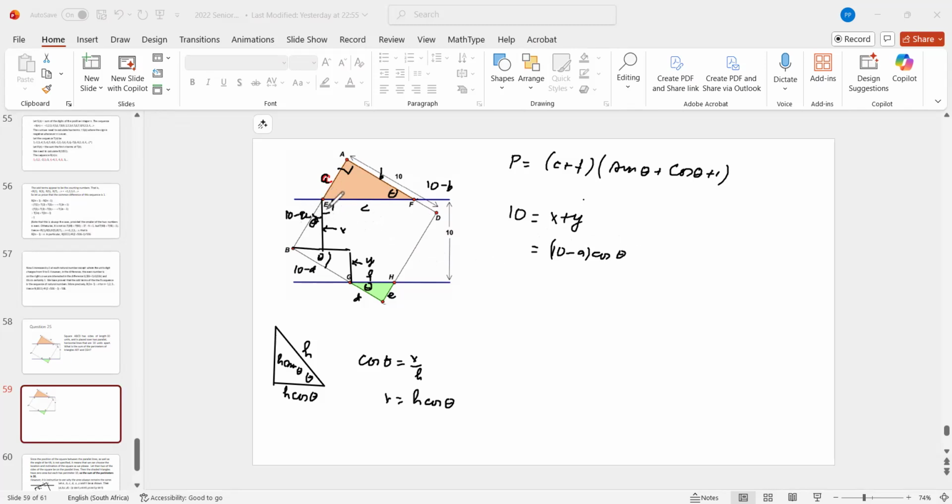This is adjacent. So x is hypotenuse times cos of the adjacent angle, right? That's your x. And y, in this case, you've got hypotenuse 10 minus d, and y is opposite theta, so it becomes sine theta.